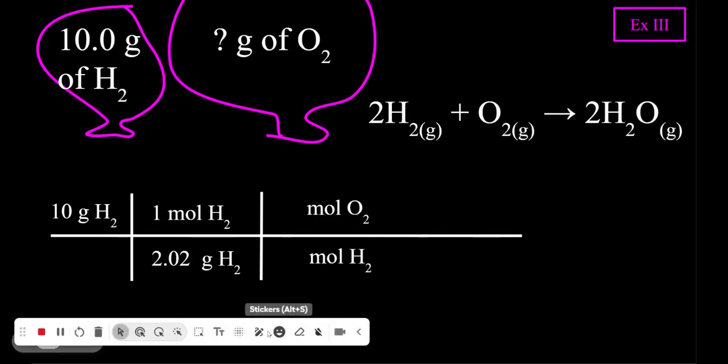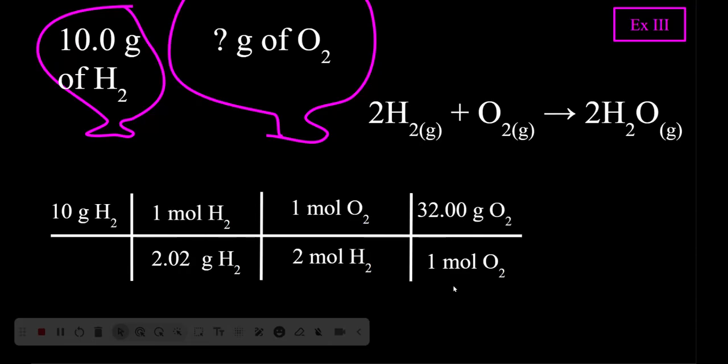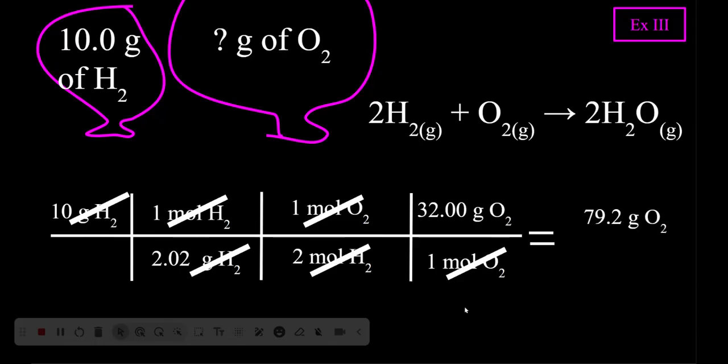All right? This is my molar ratio, and I'd use the coefficients from the equation to figure it out. So this would be 2, and the oxygen's one is 1. And then I'd go back to use oxygen's molar mass and multiply by it. And then I'm going to cancel out the units that cancel, and there we've got it, 79.2 grams of O2.